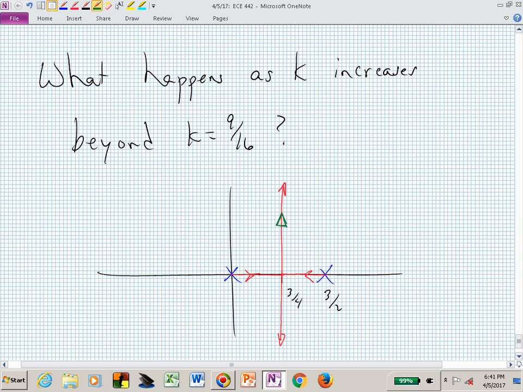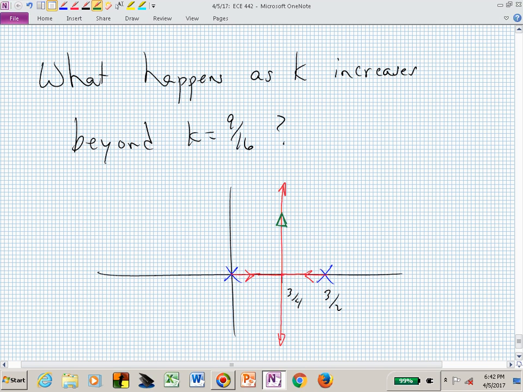And what does it have to satisfy if that point's on the root locus? The angle of all of the poles and zeros have to sum algebraically to -180 at that triangle if it's on the root locus. So now let's make some sketches.